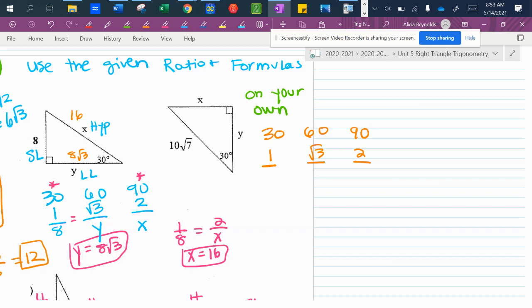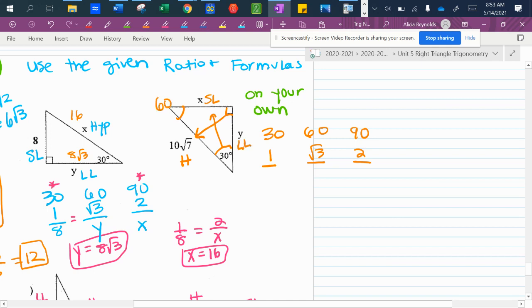Not quite. No, not quite. Guys, we need to look at, if this is 30 degrees, the side opposite 30 degrees is the short leg. If this is my right angle, the side opposite that is the hypotenuse. If this is 30 and this is 90, this has to be 60.